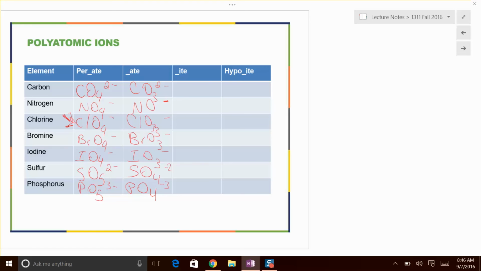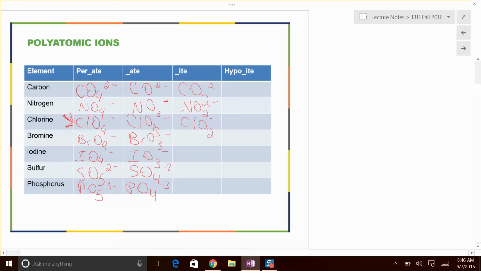Going this way to the ite, I lose an oxygen. So it would be CO2 2 minus, NO2 minus, ClO2 minus.